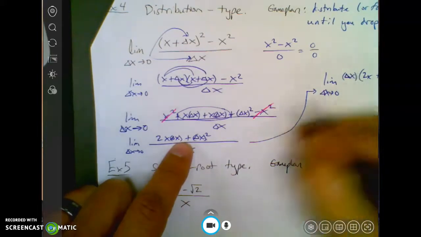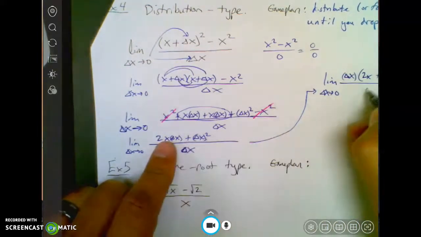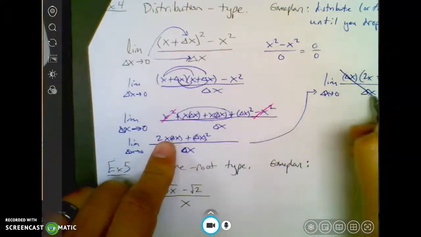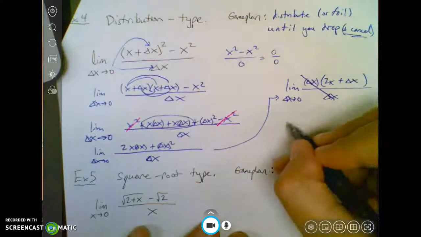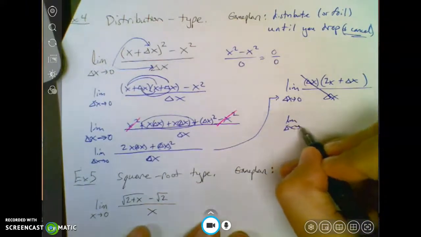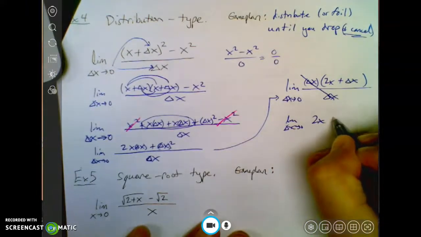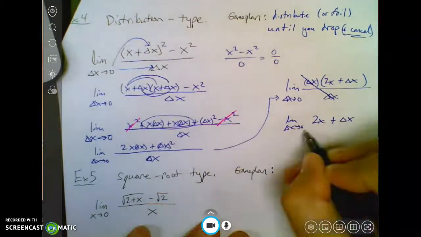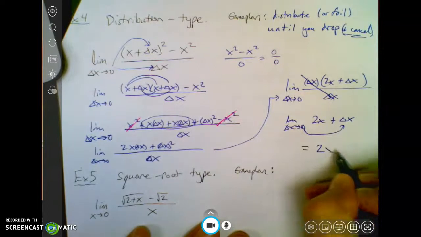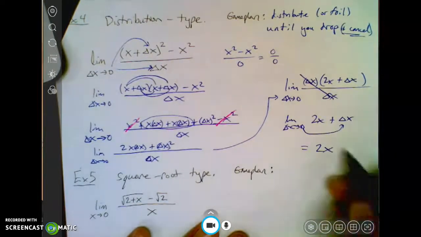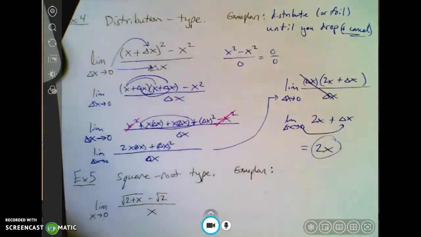That's what would happen if I factored out a delta x. The reason I did is now you can see where they cancel. And then finally, am I allowed to plug in the 0 for delta x? Yep. And what's left? 2x. It's a weird answer. All right, I'll come back with the other video on the two other harder things.